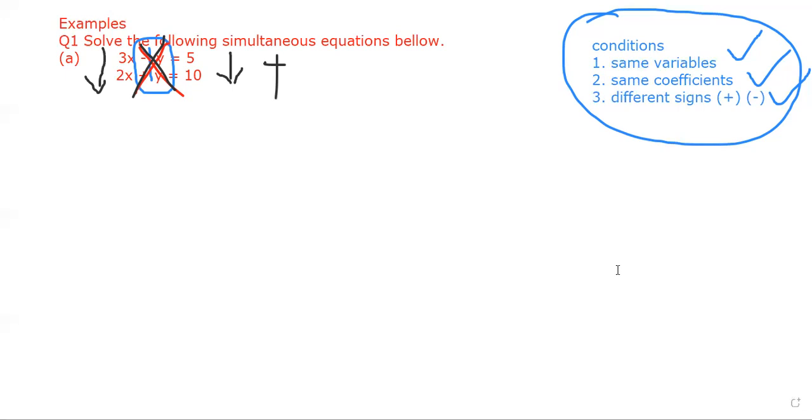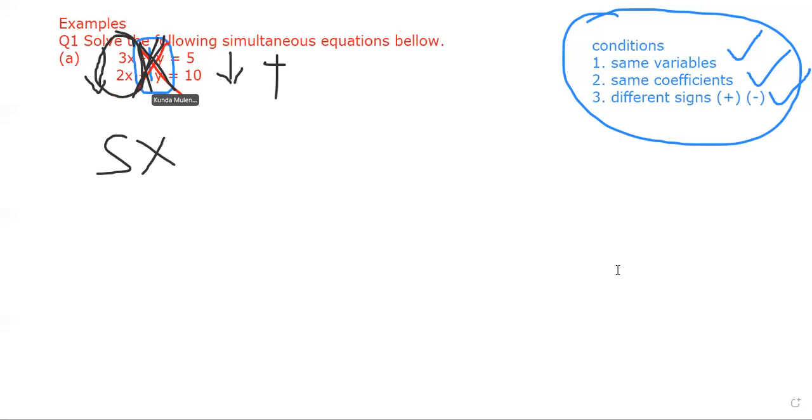The x's here are 3, and we add 2 x variables. How many are we going to have in total? 5. Yes, so we are going to have 5x.